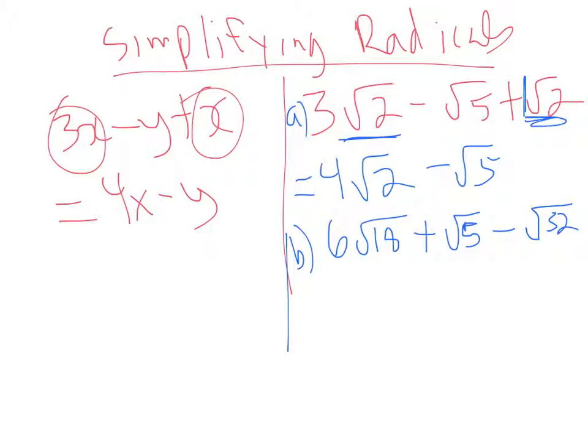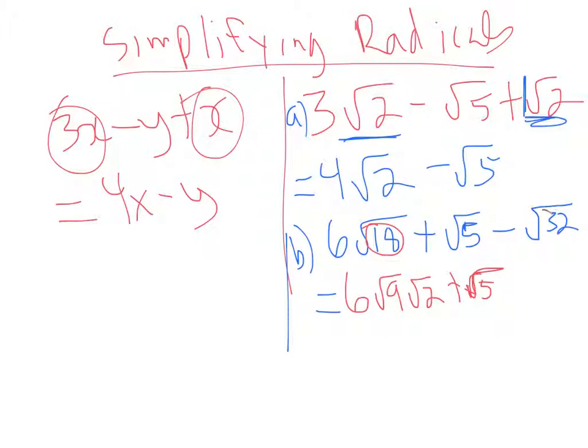Sorry, folks. Same sort of deal: I've got to simplify first where I can. So 18 breaks down into root of 9 times root of 2, plus root 5.